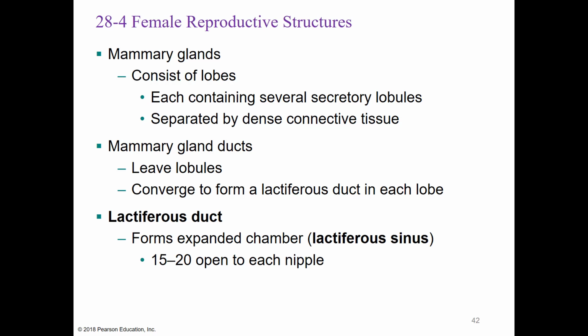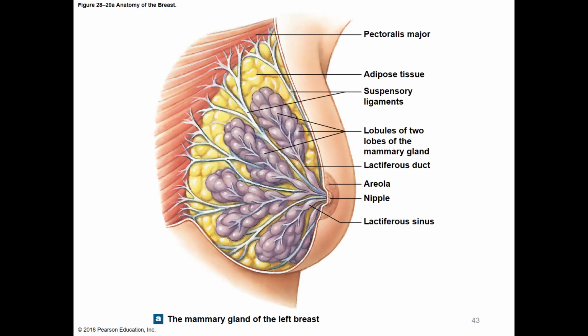The mammary gland ducts will leave the lobules and converge to form a lactiferous duct in each lobe. The lactiferous ducts will form an expanded chamber called the sinus, and 15 to 20 of them will open up to each nipple. So let's take a look at these features in this next image.